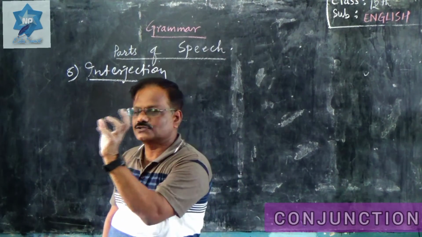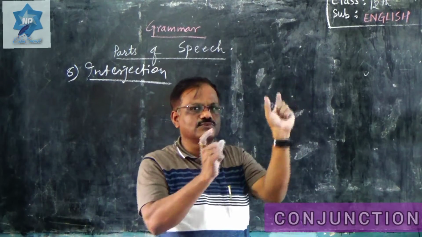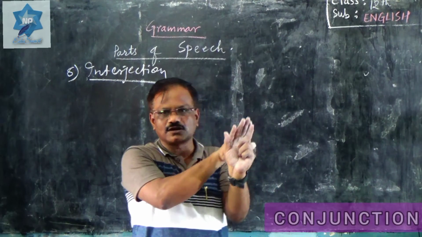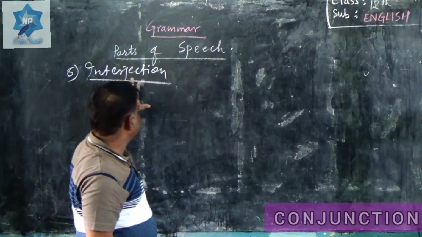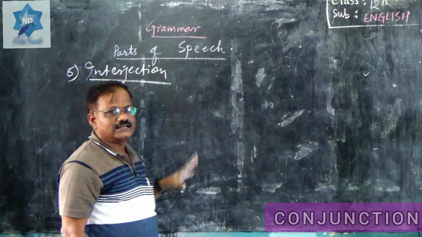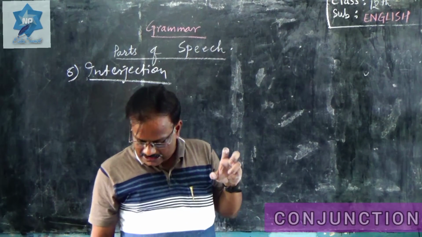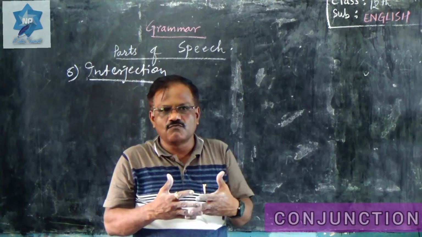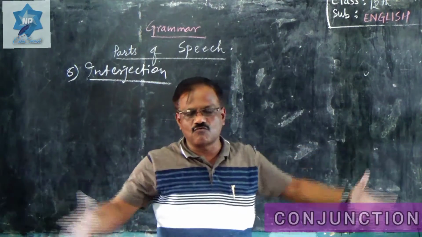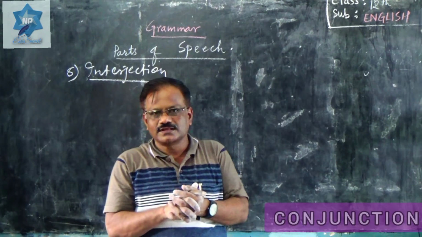An exclamatory sentence is a different thing, and an exclamatory word is a different thing. It is not known as an exclamatory word; instead it is always known as an interjection. What is an interjection? An interjection is nothing but a word to express our sudden emotions. For example, when you see a big snake, what kind of expression do you utter?